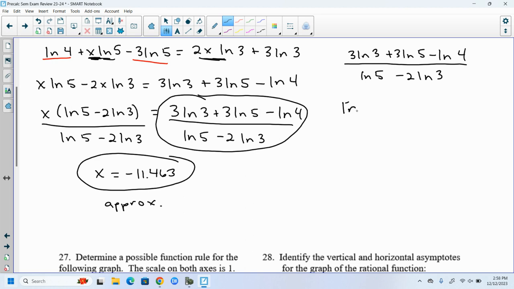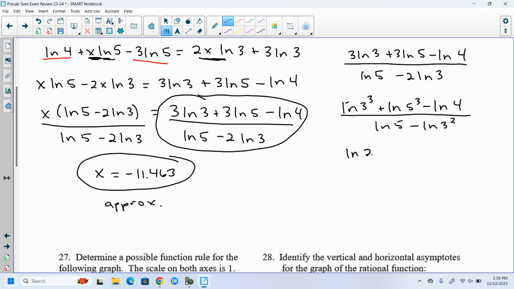So that gives me natural log of 3 to the third plus natural log of 5 to the third minus natural log of 4 over natural log of 5 minus natural log of 3 squared. Okay, now I'm going to take it to those powers.